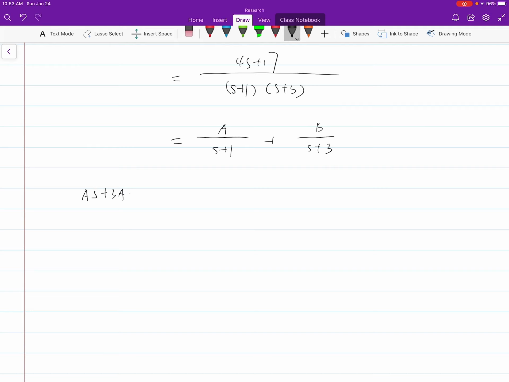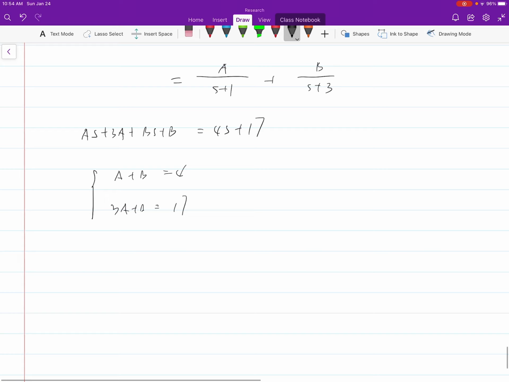Quickly, a(s plus 3) plus b(s plus 1) equals 4s plus 17. We have a plus b equals 4 and 3a plus b equals 17. I picked a really bad number. This implies a equals 13 over 2 and b equals, take the sum, 21 over 4.